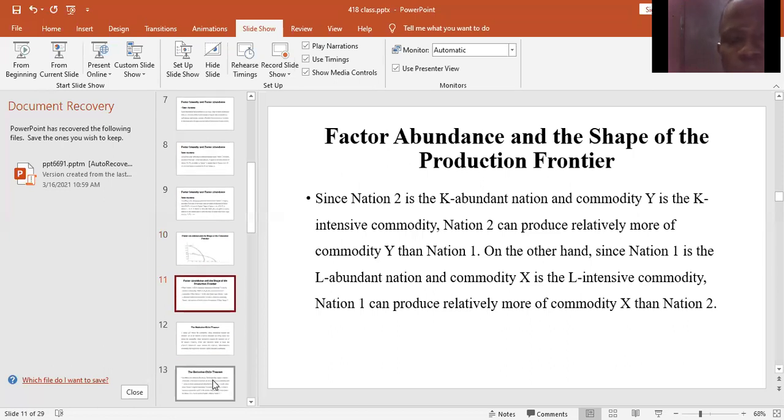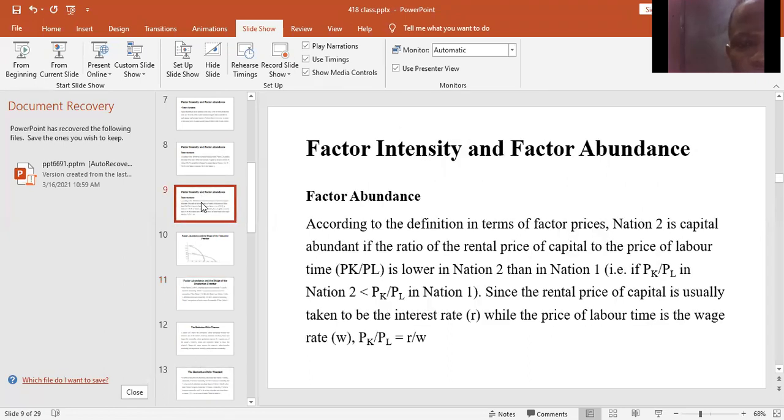Let's have some little discussion on what we mean by capital abundance and labor abundance. And since nation two is capital abundant, let me give you what the theory is all about. The Heckscher-Ohlin theory basically tells us that a particular country should produce more of the commodity that uses more of its available resources, available input, whether it is capital or labor, and export that commodity.